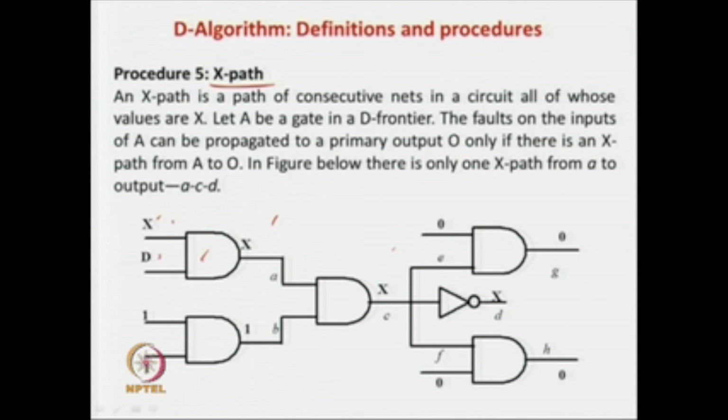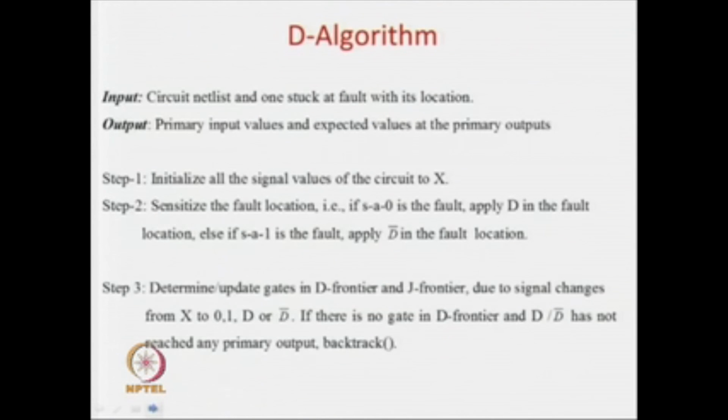But if there is no path like this, then you cannot propagate the value to the output, and in fact you are lost. So that is all the definitions we require for knowing the D algorithm.